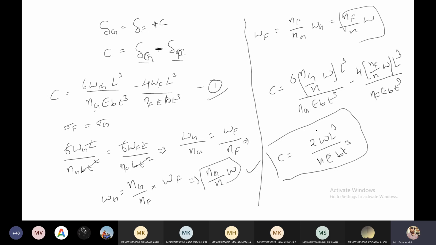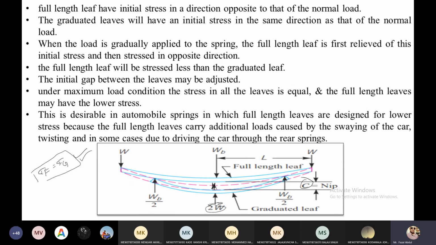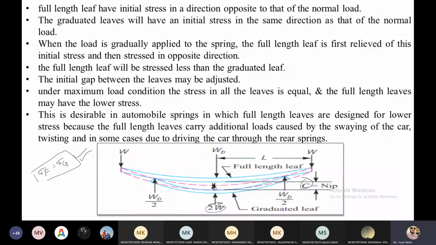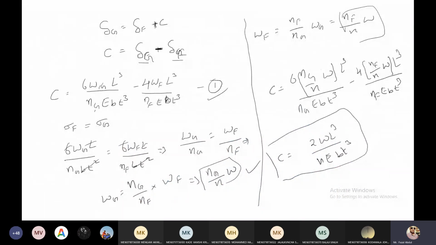Okay. So because of application of load, this one we calculated. While tightening the bolt, another nip is there. So for that, when the load is on the clip bolt, the main bolt is required to close the gap.